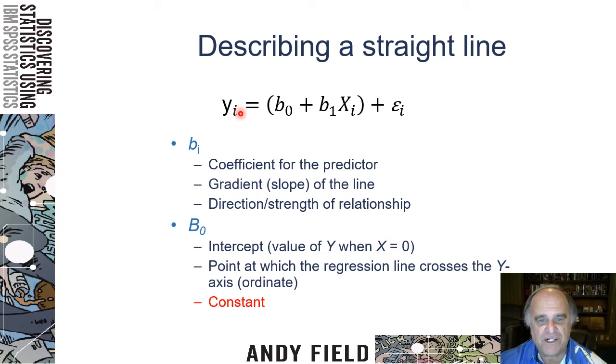We have an observation on our y variable, and that's going to be equal to, in parentheses, a b weight, a b sub 0, plus b sub 1, another b weight, or actually the first b weight. This is going to be a constant, as we'll see. A b weight times our x value for that subject. If i is 1, then it would be the x value for the first subject, plus an error term for that subject.